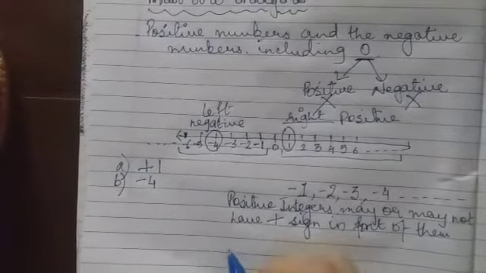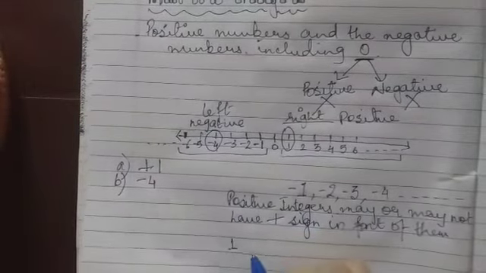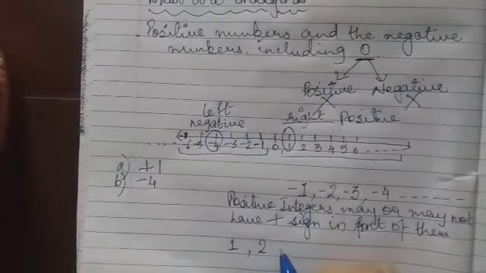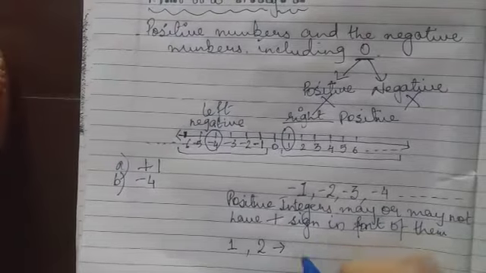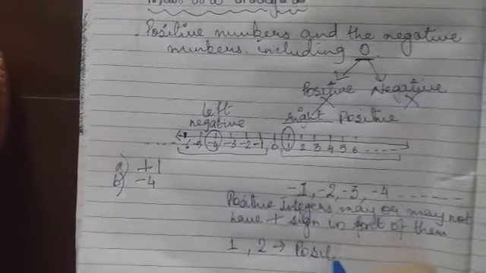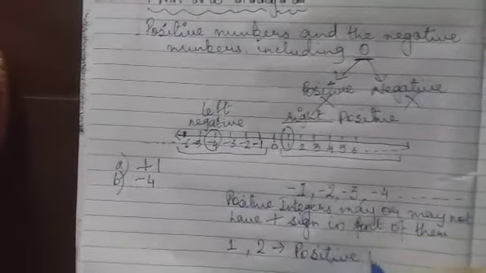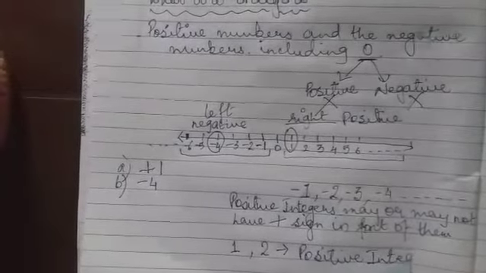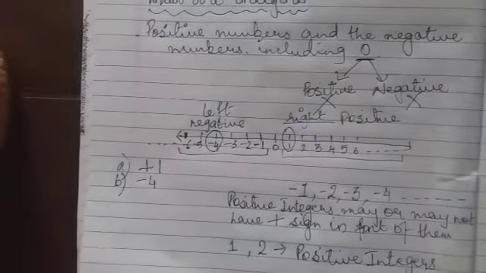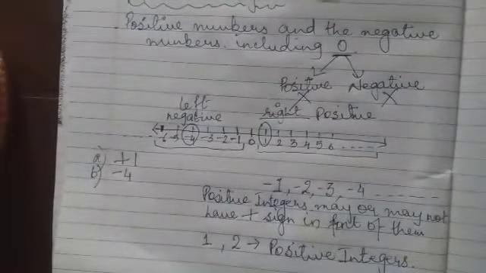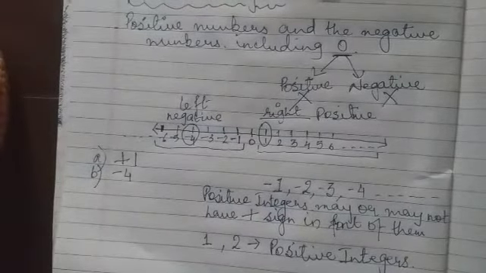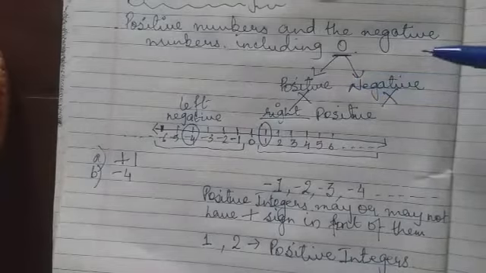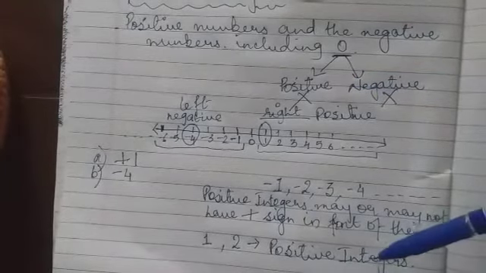Which means that if only 1 is written or only 2 is written, this also means that these numbers are positive integers. I hope now you all are clear with what are positive integers and what are negative integers.